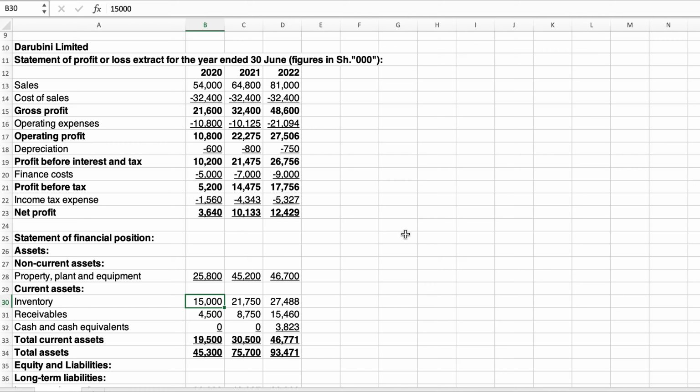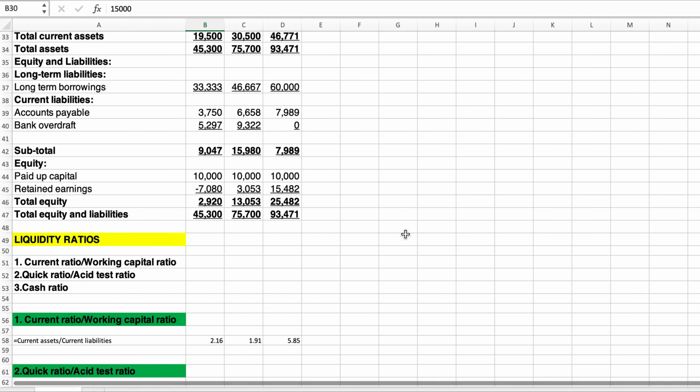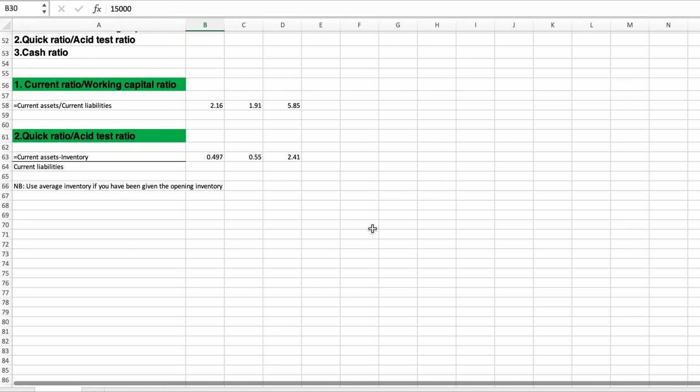And once you apply that in the first year, you need to use that throughout the other periods. Like 2021, you will still use the closing inventory as the average inventory. You will not need to calculate the average inventory because the concept will apply throughout the rest of the period. I hope that's an important point to note.